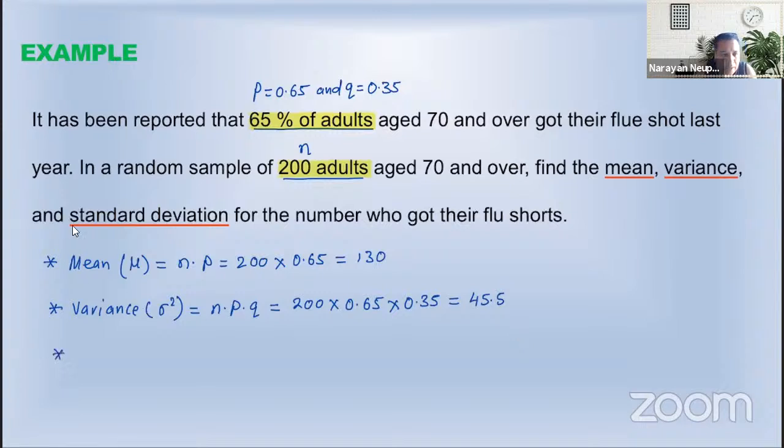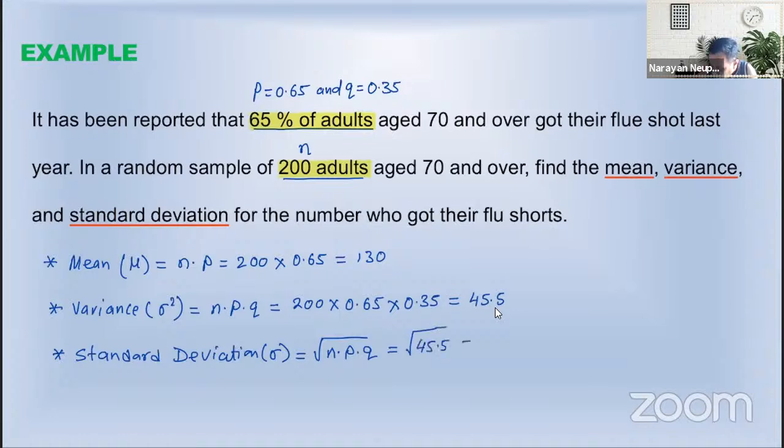And finally, we are asked to find the standard deviation. Let me write that down. Standard deviation, denoted by sigma, is the square root of n times p times q, which is the square root of 45.5.